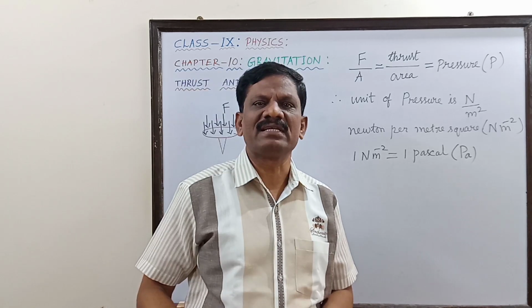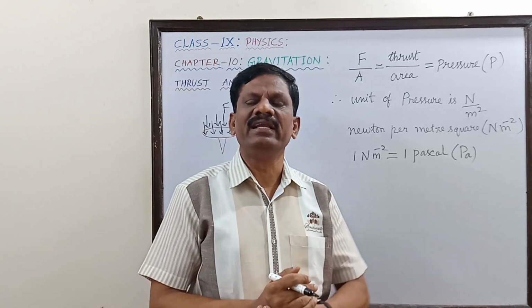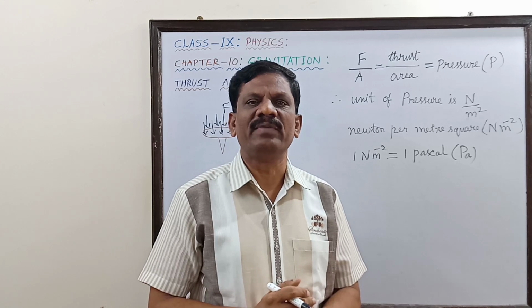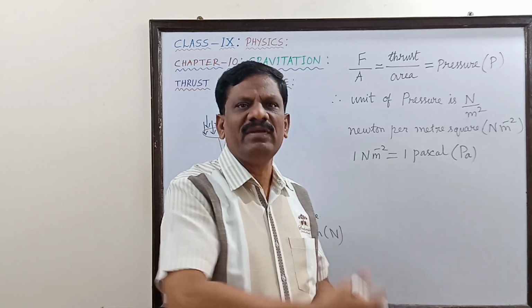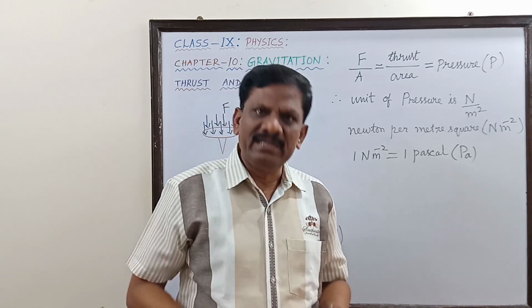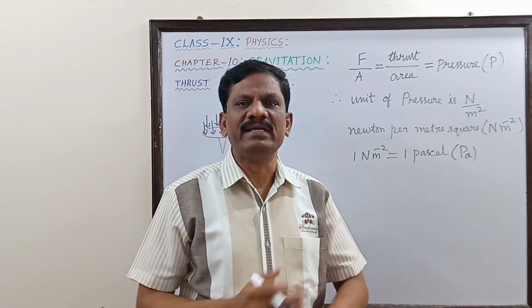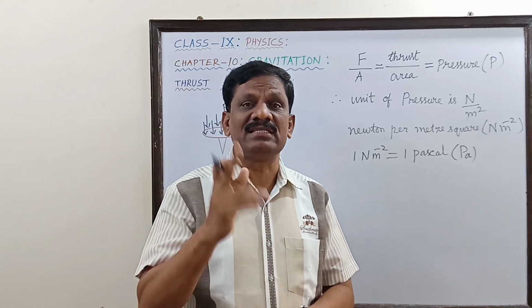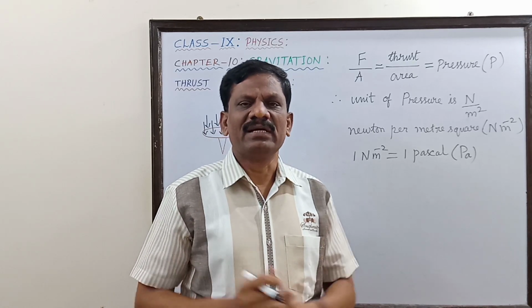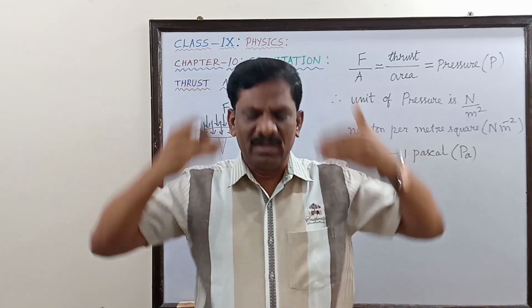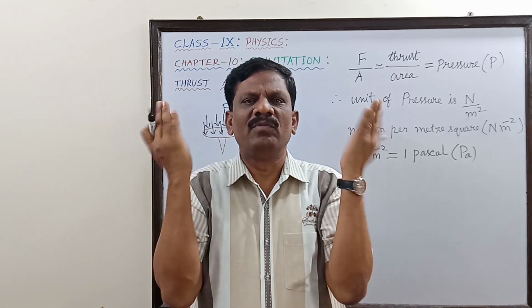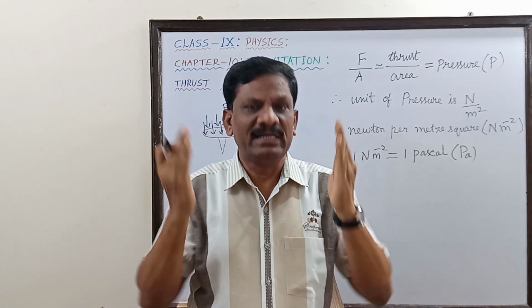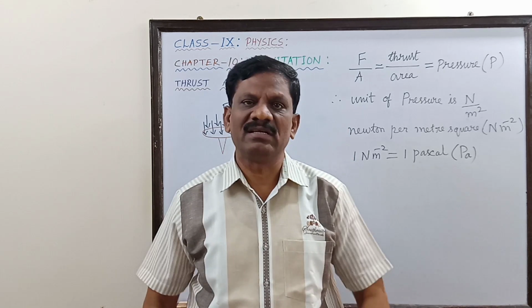The weight of the person divided by the feet area is called the pressure exerted by the person on the sand. And after 2-3 waves pass you, your feet will go deeper inside. This is because of what? The thrust per unit area. When we stand on the ground, our entire body weight is nothing but gravitational force that is acting perpendicular to the surface of the ground.